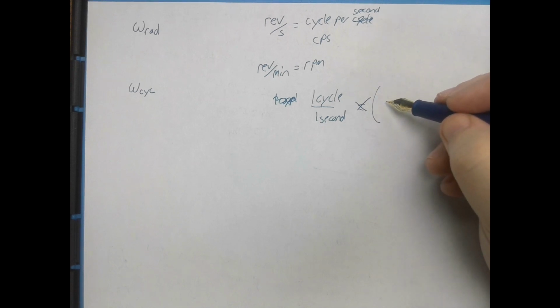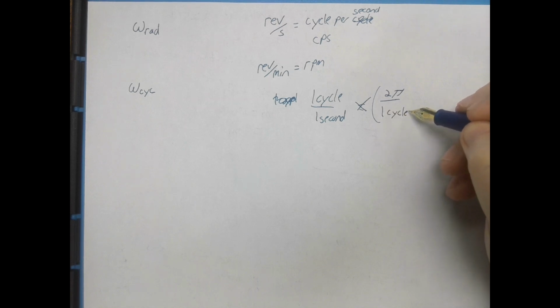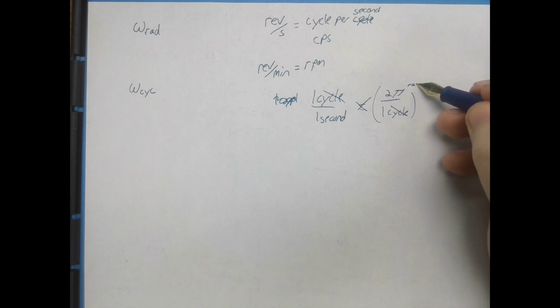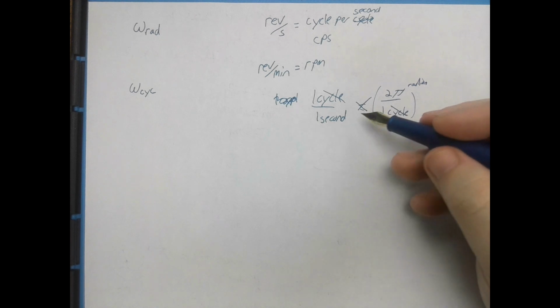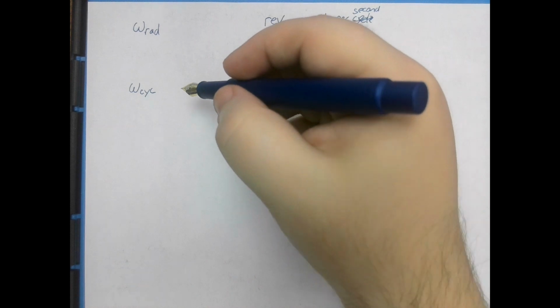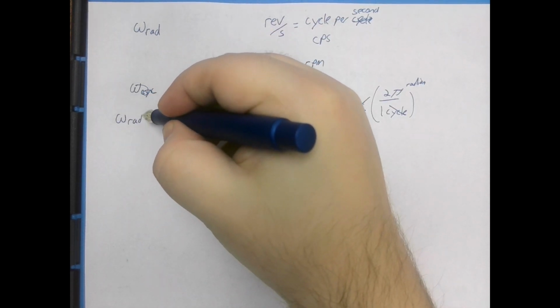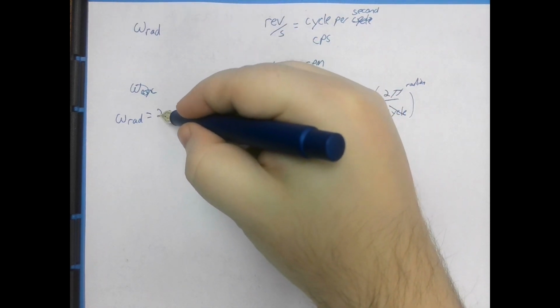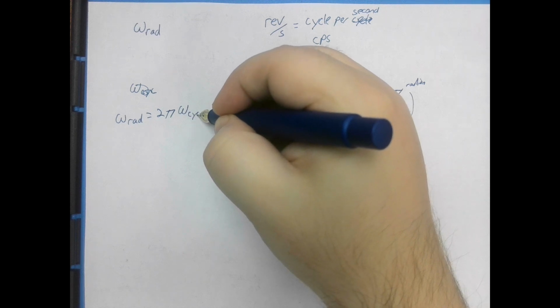When you multiply by the ratio of 2 pi by 1 cycle, cycles cancel out, and again, imaginary radian unit here, that's just equal to 2 pi times your cycles per second. So to convert into radians, omega in radians is equal to just 2 pi times omega in cycles per second.